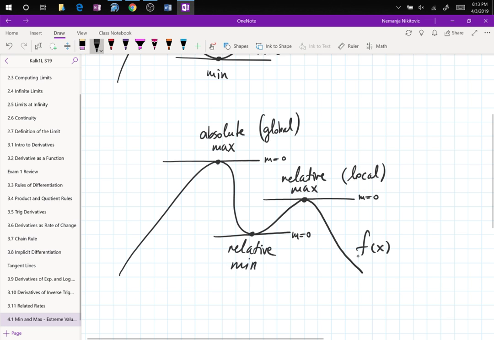So do we all understand the difference between relative minimum and absolute minimum? Relative maximum and absolute maximum? So if you have the absolute or the global wording, that means that is absolutely the highest or the lowest point of the entire function.